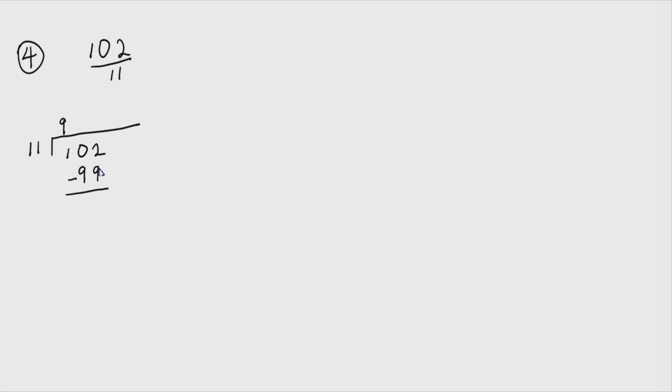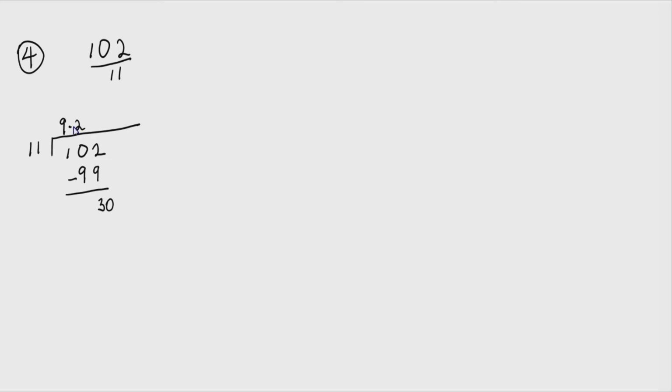Difference here is 7 from 10 is 3. 11 and 3 doesn't go. Anyway, 11 and 30, we're going to add 0 to this. We're going to drop some zeros.